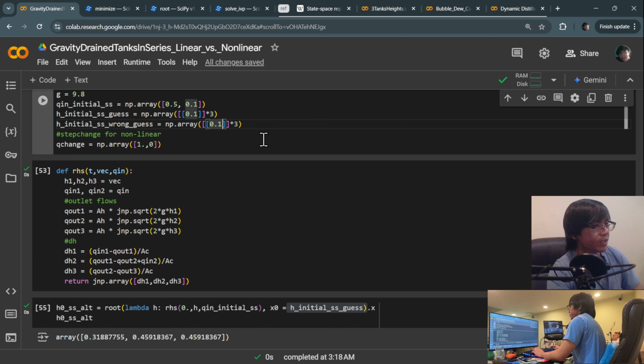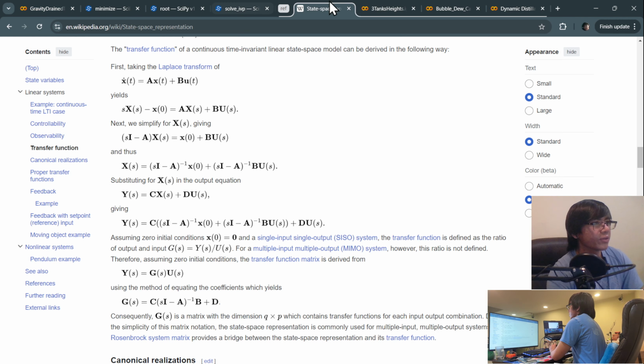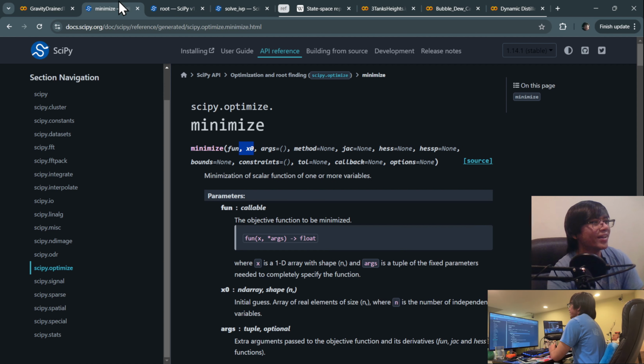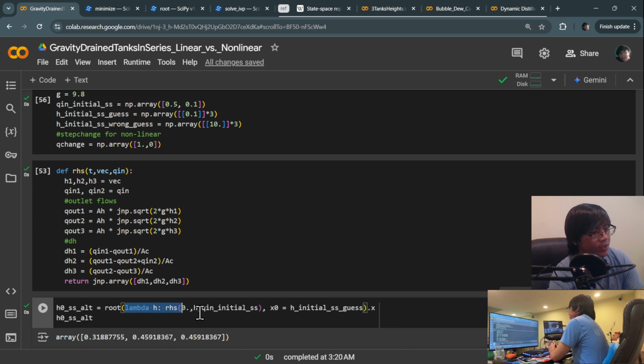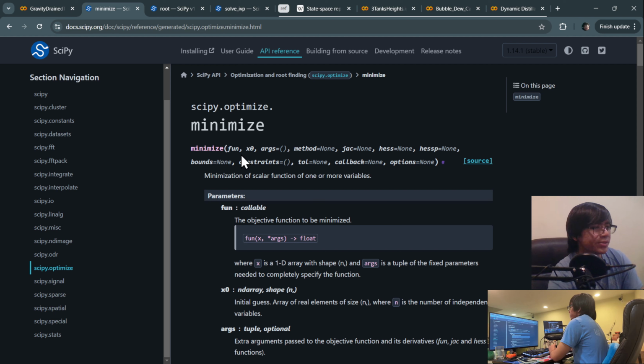And then I'll put 10 in here. And I'll put that in our minimize. And so we have our function, so that's the same lambda. We're not doing that. We're doing 0 for our function here, since we're not minimizing an actual function. We're using the bounds and constraints, essentially just tricking minimize.